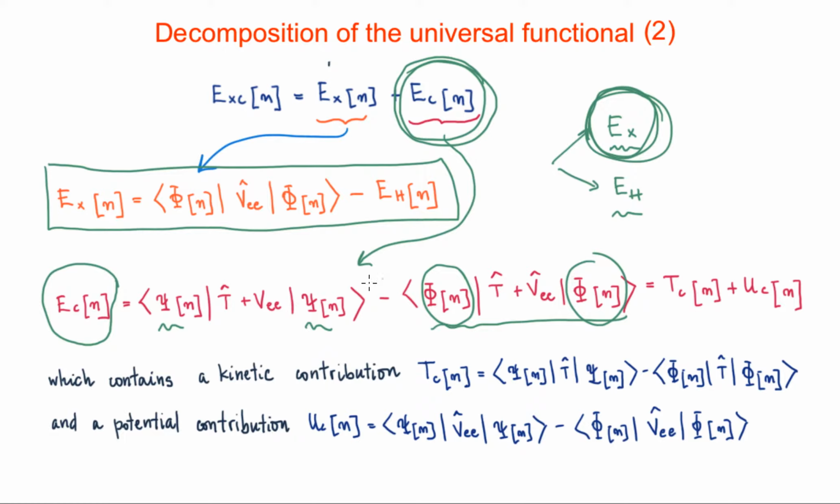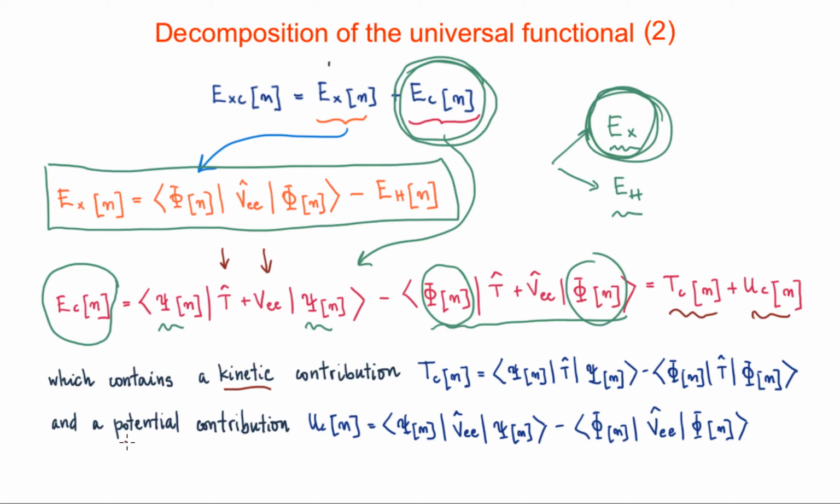As you can see, the correlation energy includes two different contributions. One is coming from the kinetic energy and the other one is coming from the electron-electron potential energy. So this correlation energy contains a kinetic contribution and also a potential contribution.